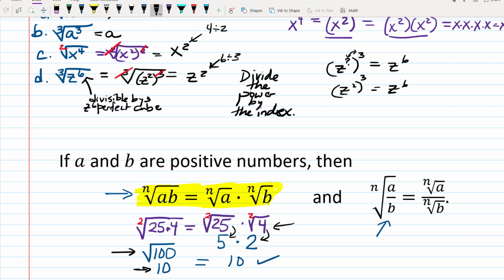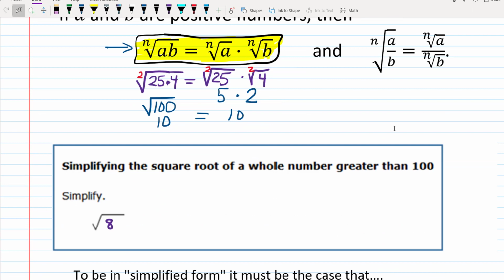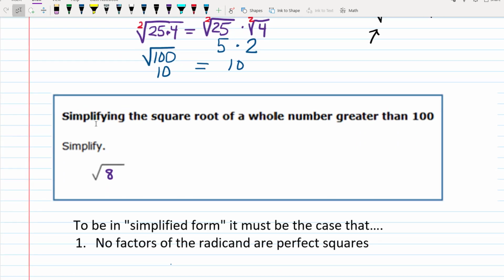Okay, so we're going to use this fact to help us simplify radical expressions. By the way, there's a corresponding rule over here on the right that has to do with when you have division under a square root, in other words, fractions, but we're going to work on that later. Right now we're going to focus on simplifying square roots that don't have fractions.